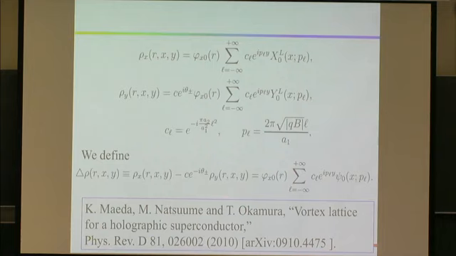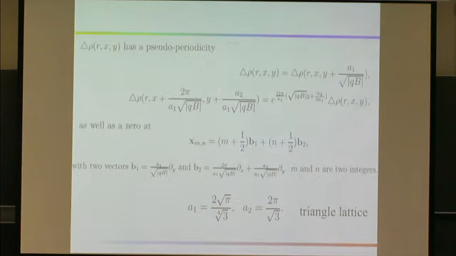In this case, the solution satisfies this one. Then the condensation, of course, depends on the boundary value of this term. This delta rho has a pseudo-periodicity. This is the property of this function.